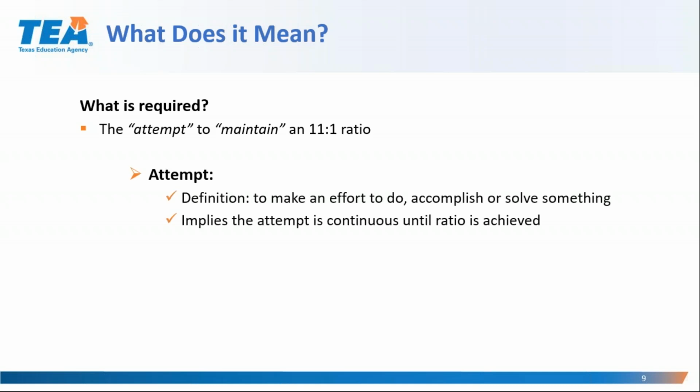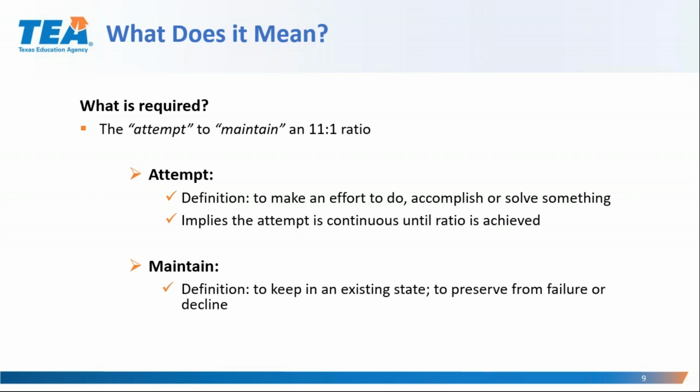So what does attempt mean? Well, the definition of attempt is to make an effort to do, accomplish, or solve something. So it implies that the attempt or effort is continuous until, in this case, the ratio is achieved. What does maintain mean? Its definition is to keep in an existing state, to preserve from failure or decline.